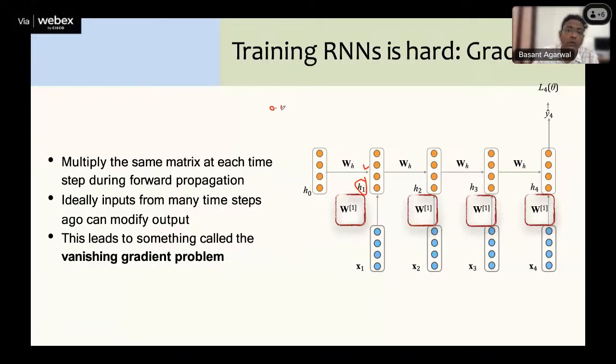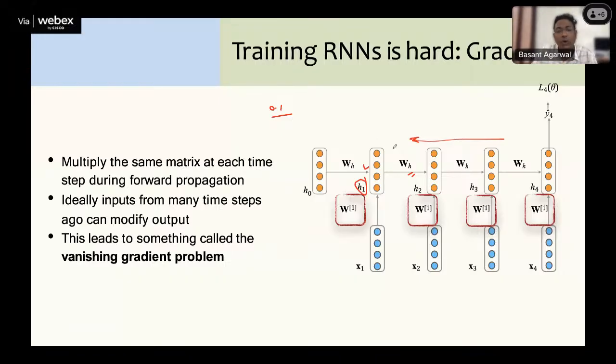Let's say 0.1, if you multiply 0.1 10 times, the value becomes very small. So what happens in a recurrent neural network is that when we go deeper in the network, the earlier weights become very small because of the multiplication of small values in the matrices.